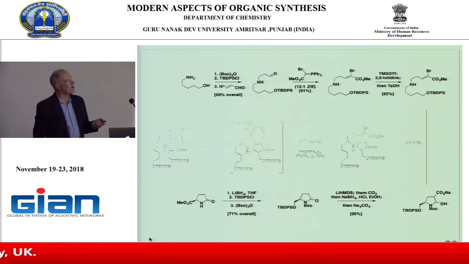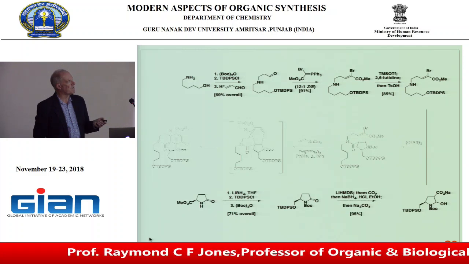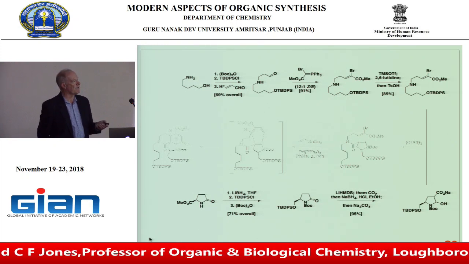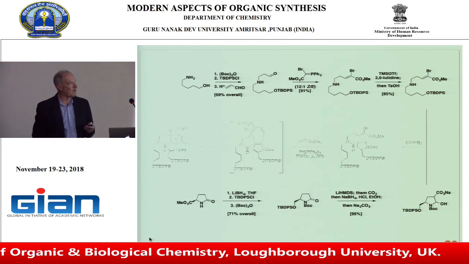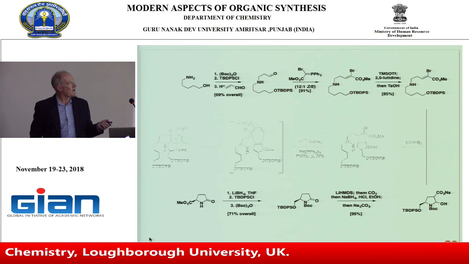This amino alcohol: protect the nitrogen, protect the oxygen as a silyl derivative, tertiary butyl diphenyl silyl chloride. Doesn't really matter what group, just for the purposes of this lecture, think of it as a silyl protecting group. Then the protecting group is taken off the nitrogen.